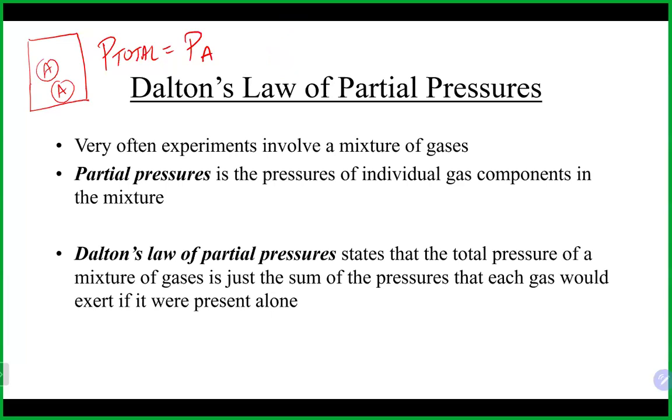Now, let's just say I had a mixture of gases, which is very common for how gases come. Let's say I had A, B, and C gas molecules flying around there, 3 different types of gas molecules.